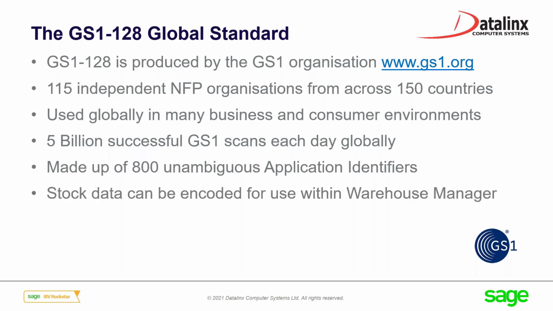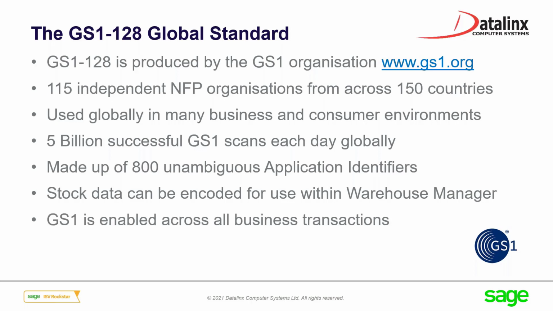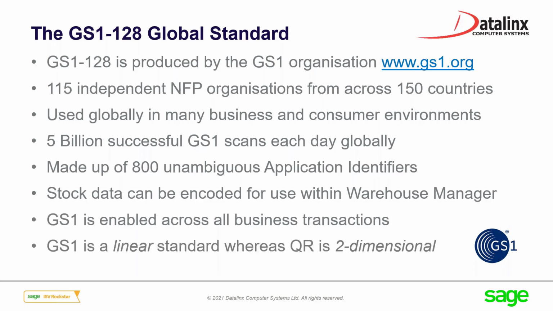And stock data can be encoded into different barcode symbologies for use within our warehouse management system. The use of GS1 barcodes is enabled across business transactions within Warehouse Manager. And finally, GS1 can also be encoded as a linear code as well as a two-dimensional code, like, for example, a QR code.